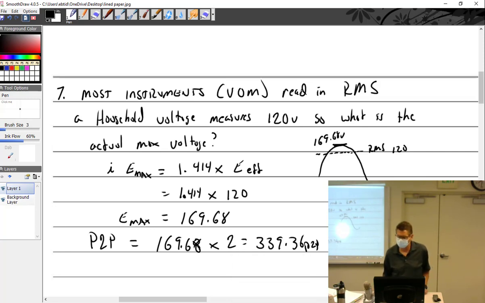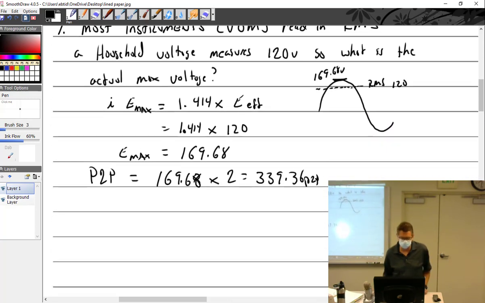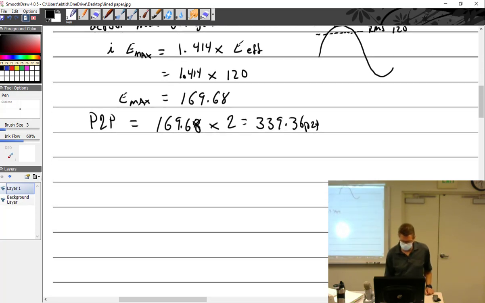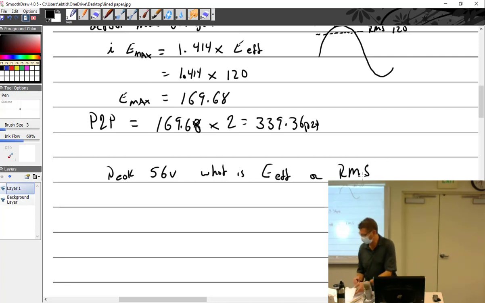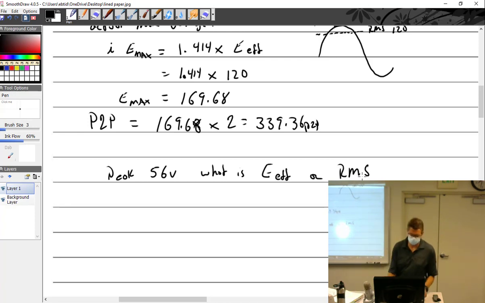We'll do one more. So if a certain peak voltage of 56 volts, as indicated on the oscilloscope, what is E effective, or the RMS? 39.5976.